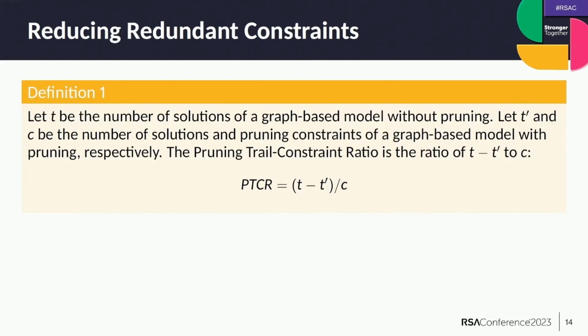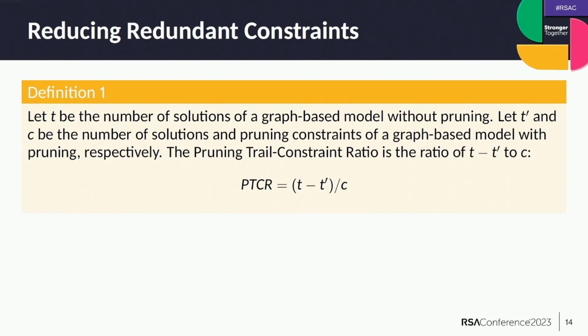Now we give the definition. Let T be the number of solutions of a graph-based model without any pruning. Let T prime and C be the number of solutions and the pruning constraints of a graph-based model with pruning.